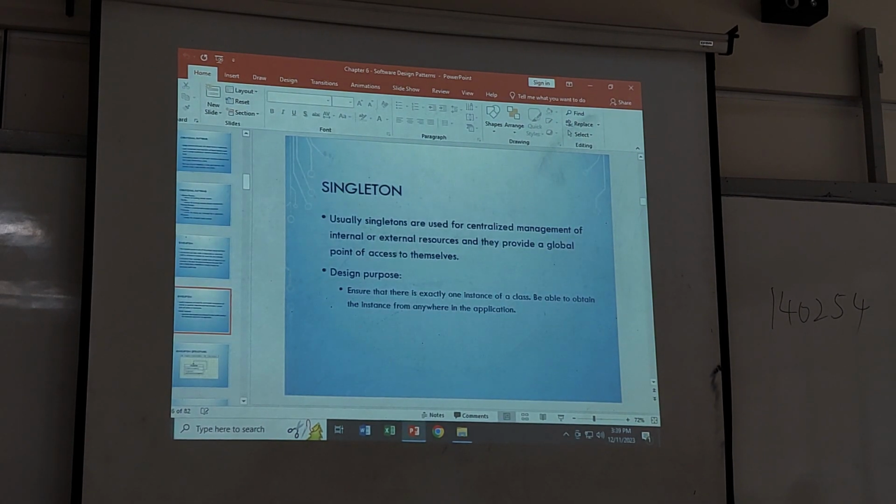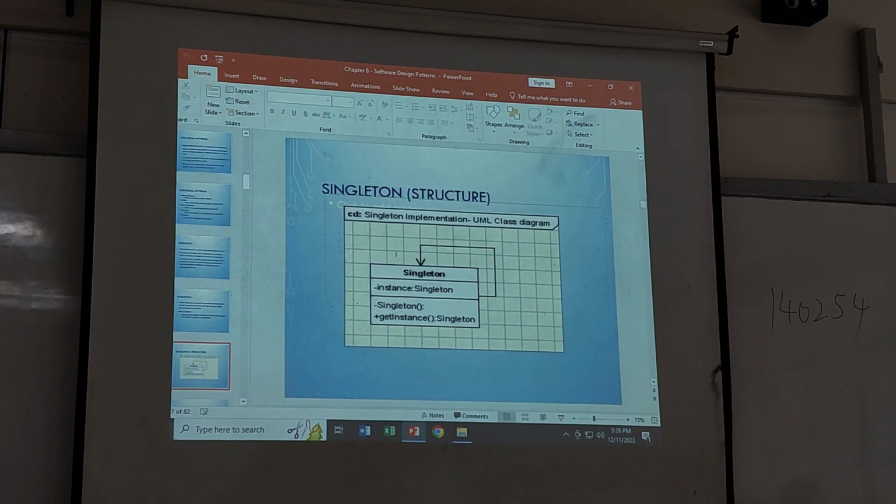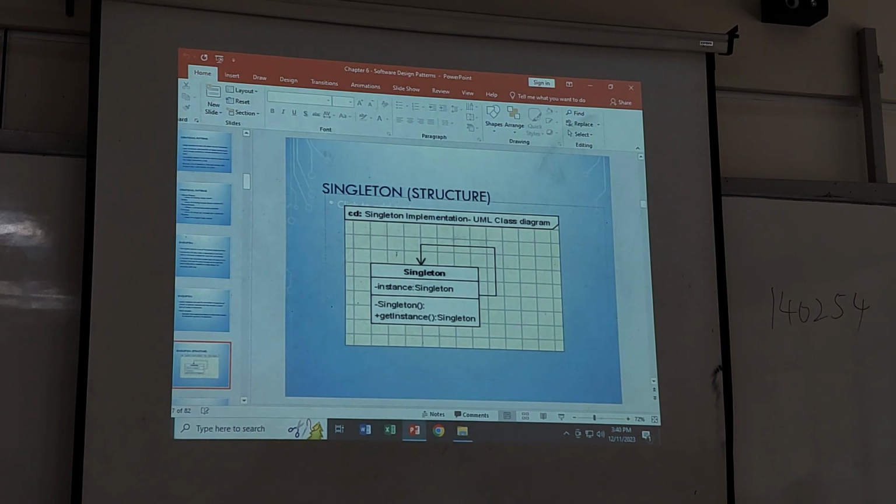The design purpose is to make sure that this instance is the only one, so we use the singleton method. This is the class diagram for the singleton method. How are we going to ensure this singleton is only one?